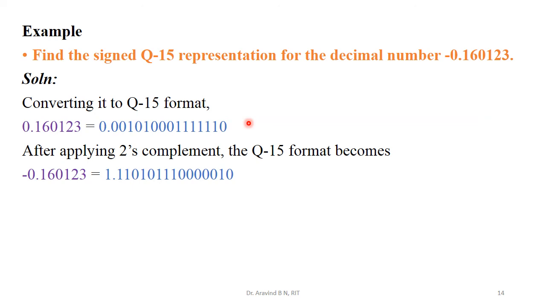With the same procedure, for the positive value 0.160123, we calculate its equivalent Q15 format realization. This is the answer we get. So that means for the positive value we obtained this one. Its negative value is nothing but applying 2's complement. For this one we get its equivalent negative representation.